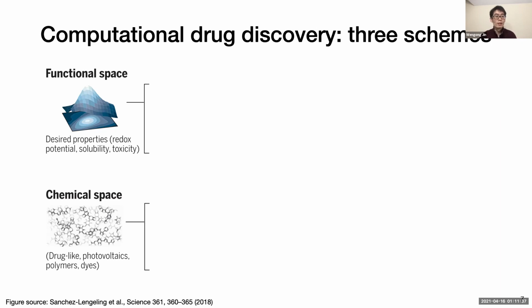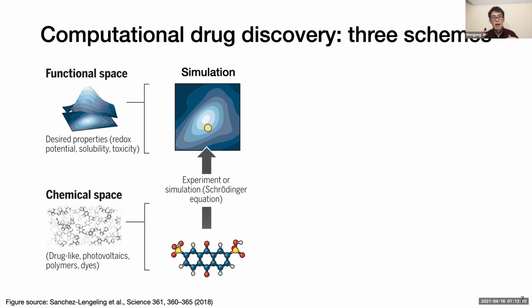The second concept is the chemical space that I briefly mentioned. It's basically this gigantic set of potential molecules. The goal is to find a chemical structure that has a particular set of properties. In the past, there have been 3 different types of approaches to find drugs with specific properties.